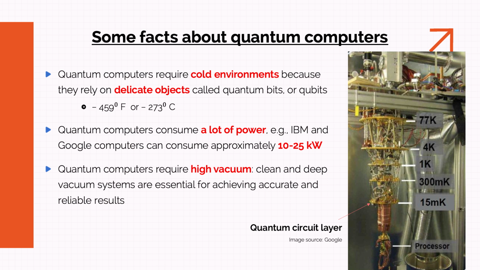That is very, very cold. Managing this kind of mechanism needs special devices and a special environment. Another thing is that a quantum computer consumes a lot of power. That's why building a quantum computer is not easy and costs a lot of money.